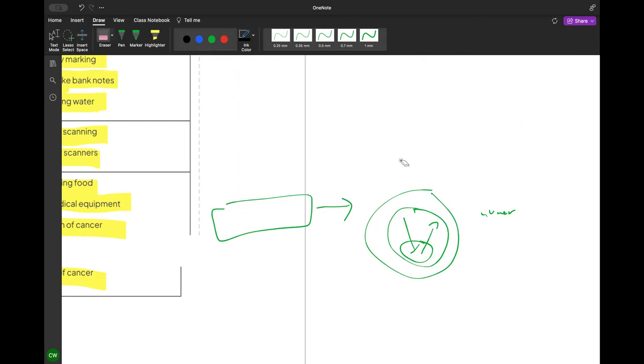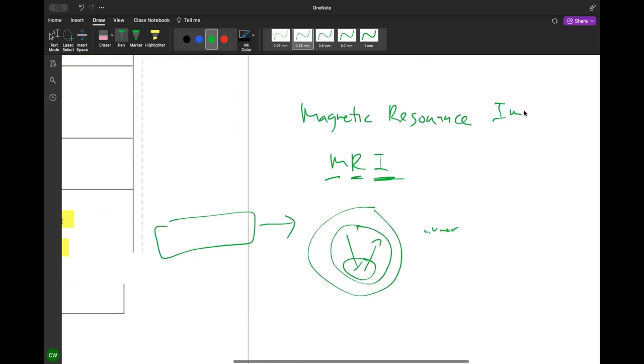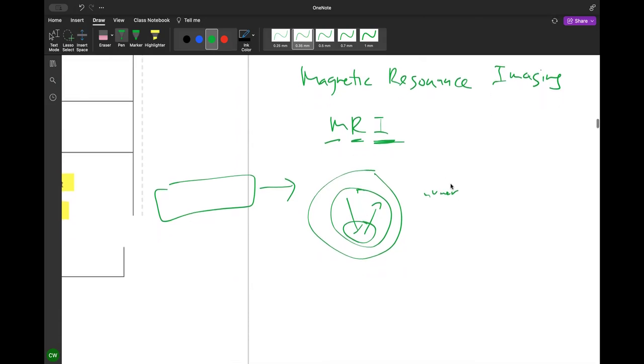You all know what is MRI? Have you heard about MRI before? What is that about? Magnetic resonance imaging. So go in, then check for the tumor. So after they identify the tumor, then they'll send you go for the gamma ray.